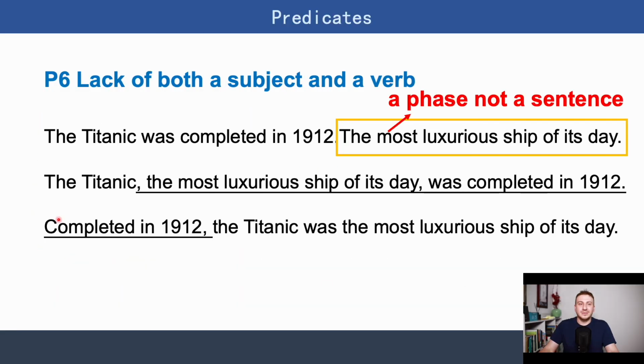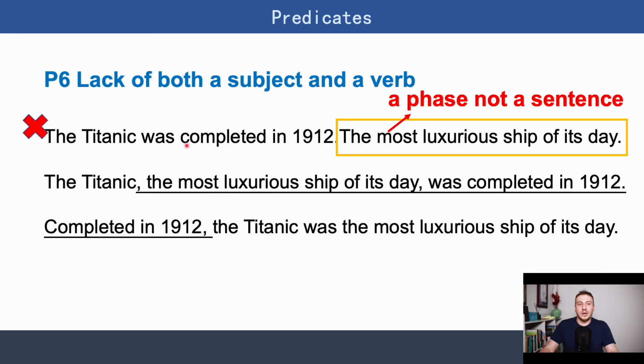Right. Now, we do have a situation where both a subject and a verb may be missing in a sentence, right? Let's look at this one. The Titanic was completed in 1912. Full stop here. There is nothing wrong with this sentence, right?